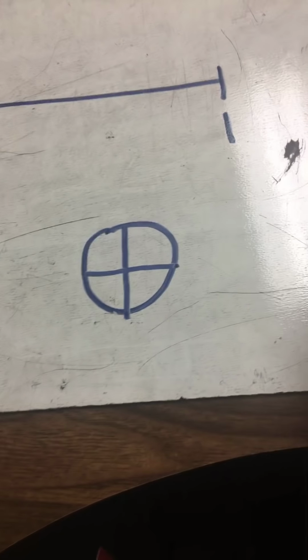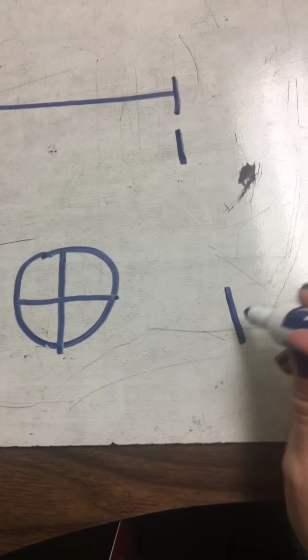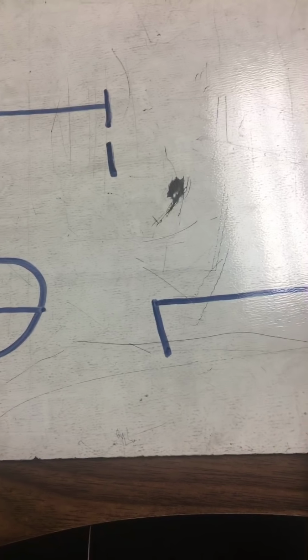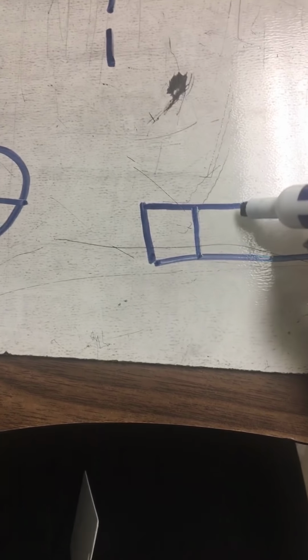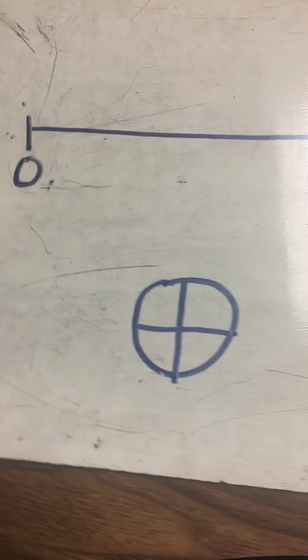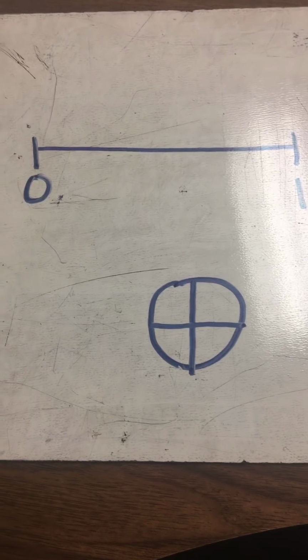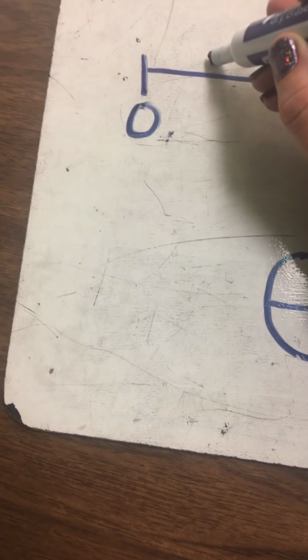So here, the rectangle way is to think of it as easier, because the rectangle is a little bit more similar to a line than a circle is. If you wanted to divide this into fourths, you would draw 3 lines like we've talked about. So if you want to take your line and divide it into fourths, you need to draw 3 lines.